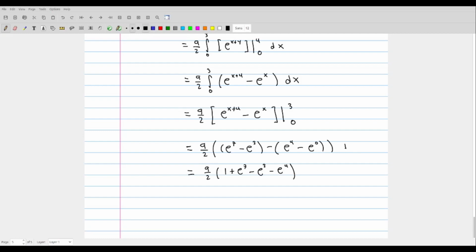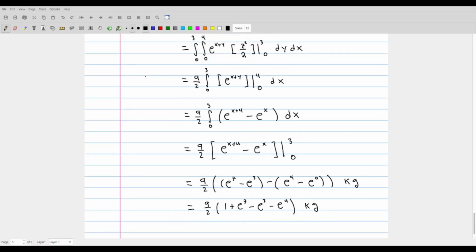And this value is measured in, say, kilograms. If the units of our density function are kilograms per meter cubed, then this value is the total mass measured in kilograms.